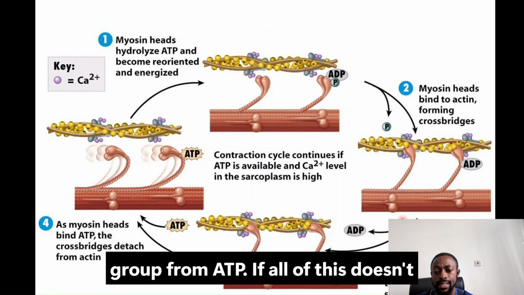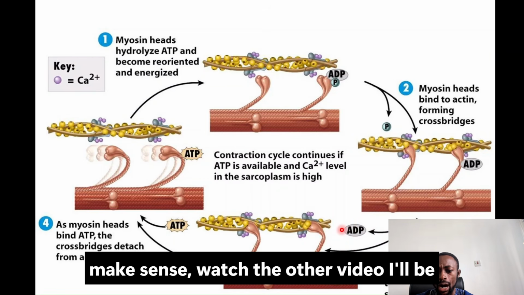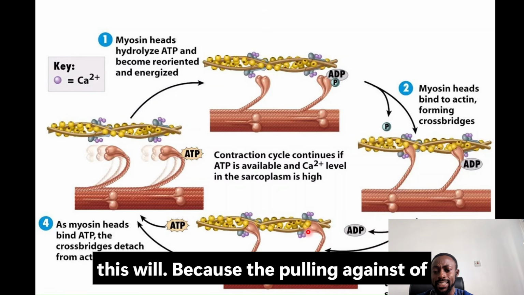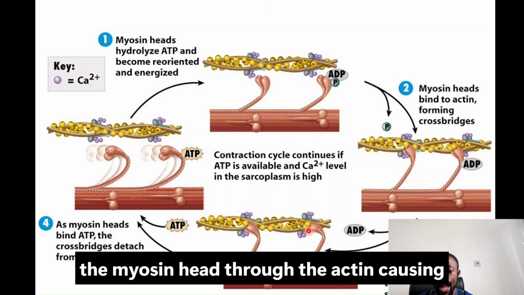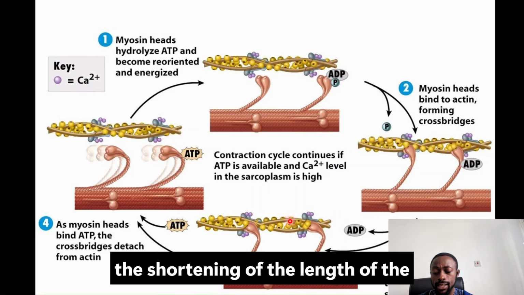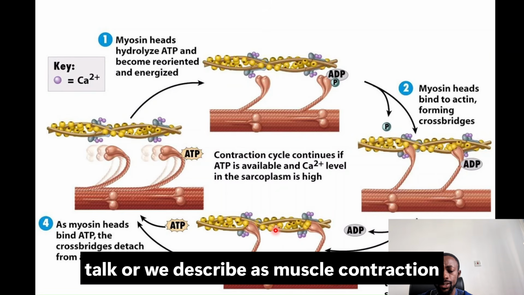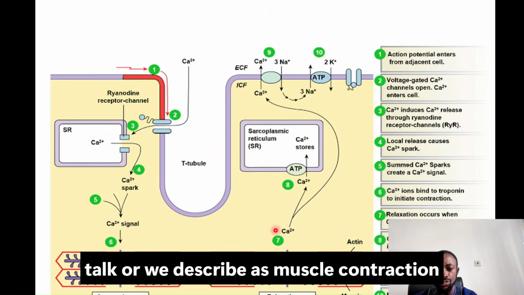If all of this doesn't make sense, watch the other video I'll be releasing on the power stroke. This will cause the pulling of the myosin head against the actin, causing the shortening of the length of the entire muscle fiber. So this is what we describe as muscle contraction.